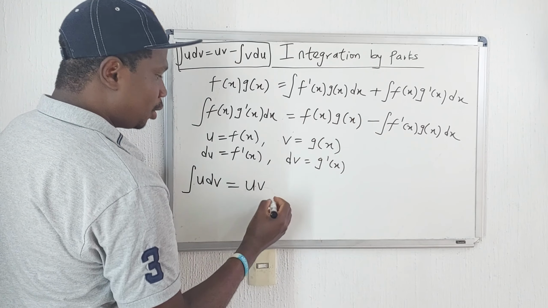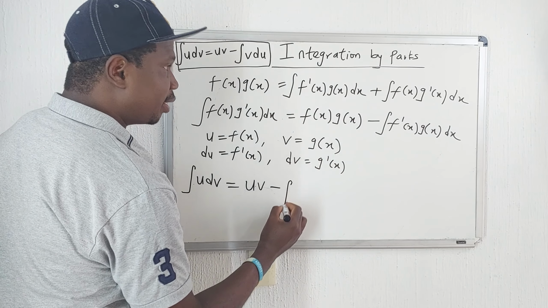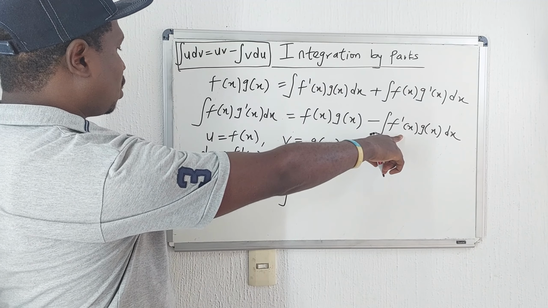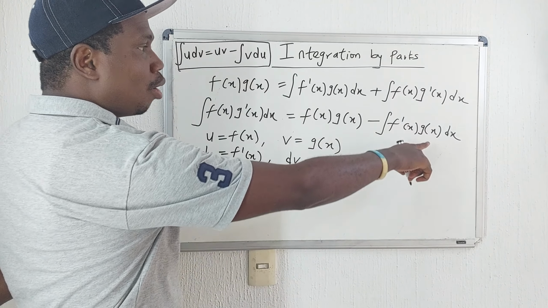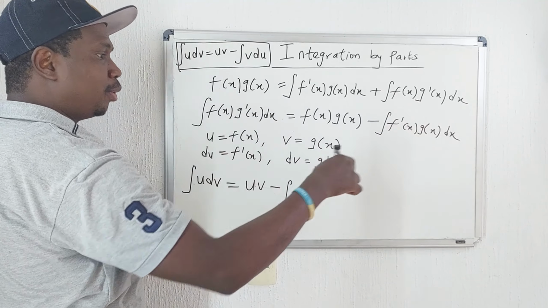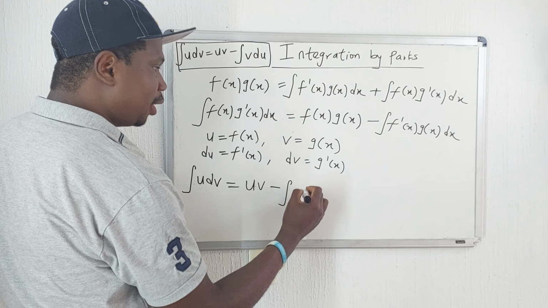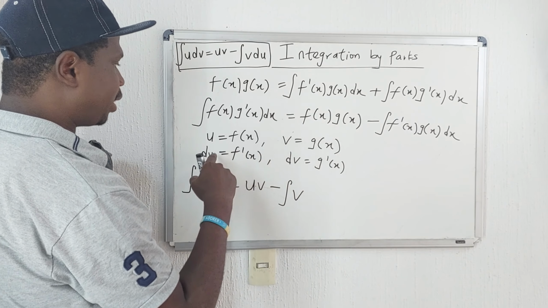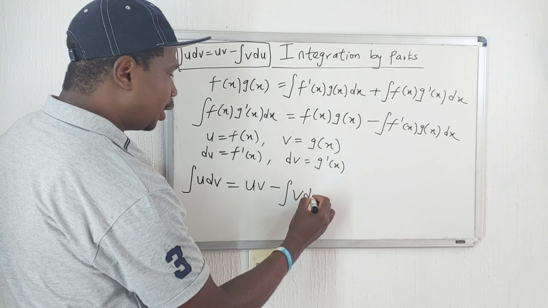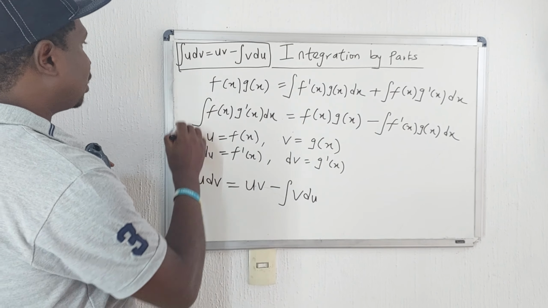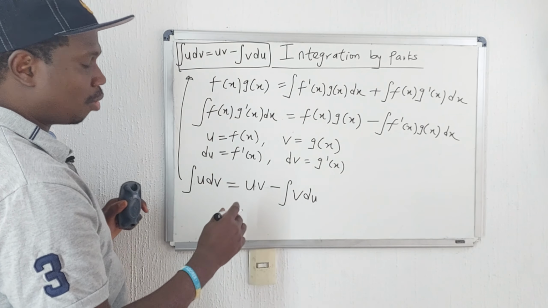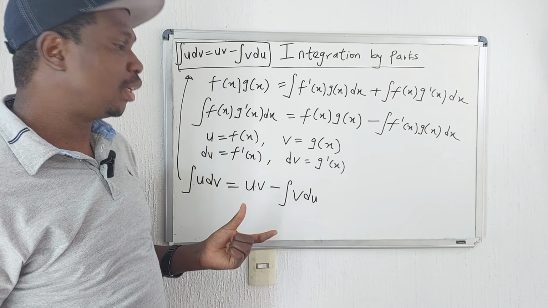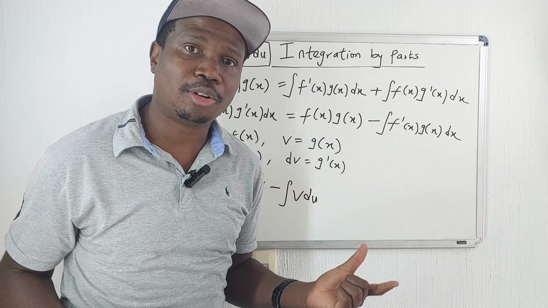Then minus the integral of, f prime of x is du, but we can just take this one in front. So g of x is v. F prime of x is du. So we can see we have this expression back. So this is how we can prove the integration by parts formula.